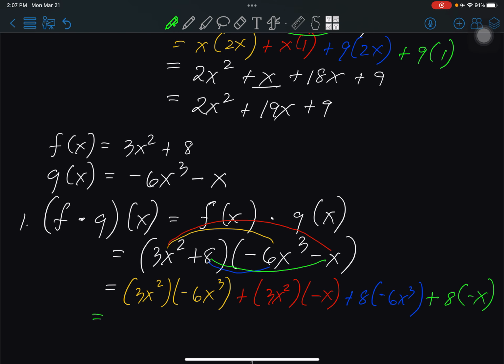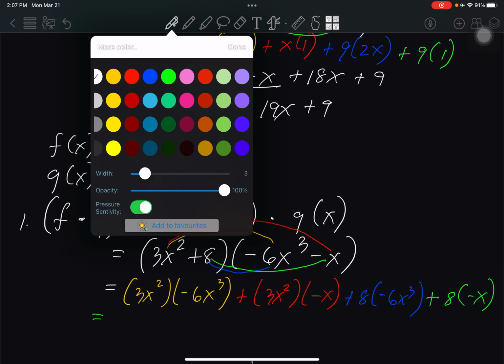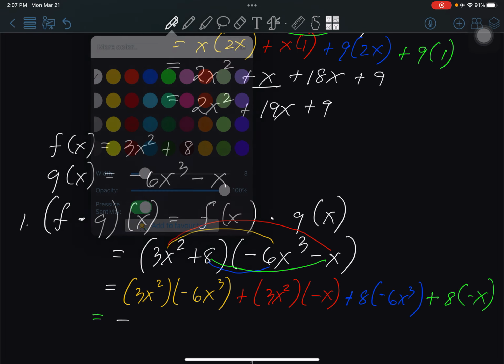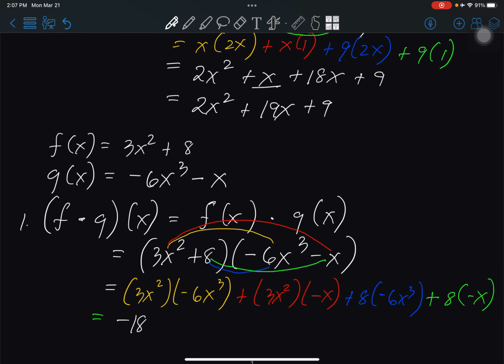Now, simplify further. We have here 3x squared times minus 6x cubed. We have minus 18, right? 3 times minus 6 is minus 18. Then x squared multiplied by x cubed. Using the law of exponents, we have x raised to the power of 5. Correct? Then next, here, 3x squared times minus x will become minus 3x cubed, right?